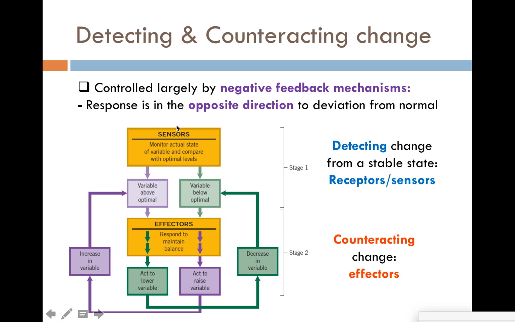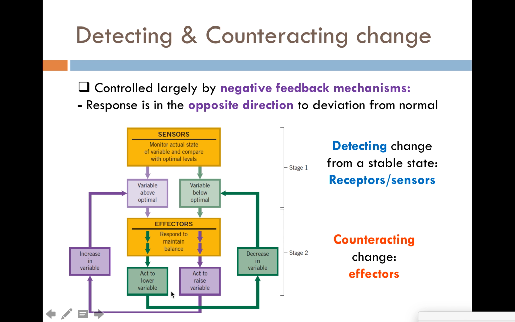And the sensors really want our blood temperature to be 37 degrees, and unfortunately, this is the signal that my hypothalamus is detecting: that actually I'm quite warm. In fact, I'm probably around 37.5, 37.6 degrees. I'm starting to get too hot. So my temperature is above optimal. That's going to trigger a whole range of responses.